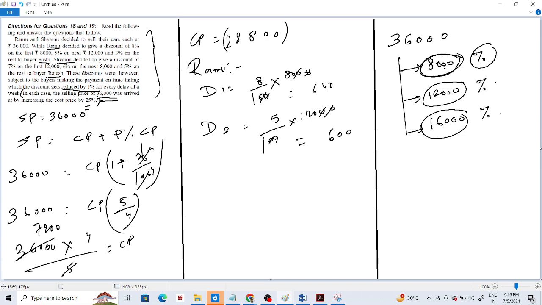This discount is given on 8,000, this on 12,000, this on 16,000. So how can we apply successive discount? The prices are all different. You get my point? Yes, sir.